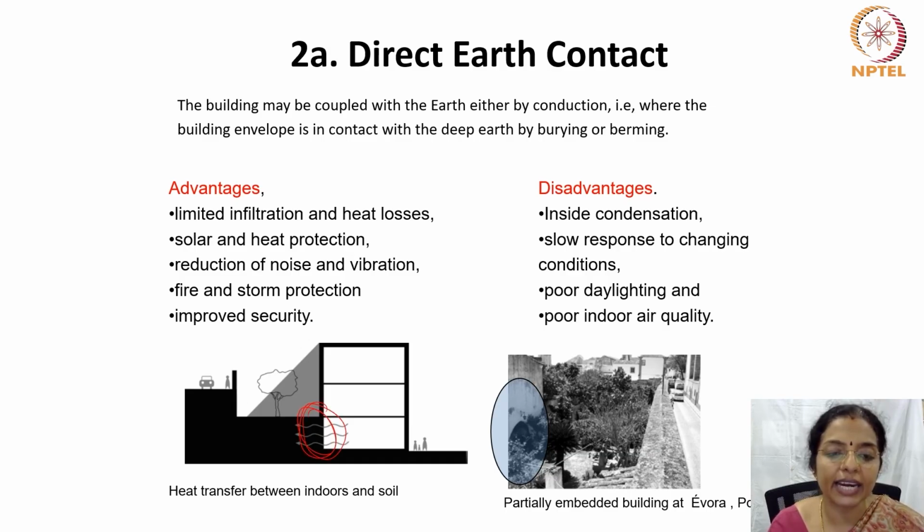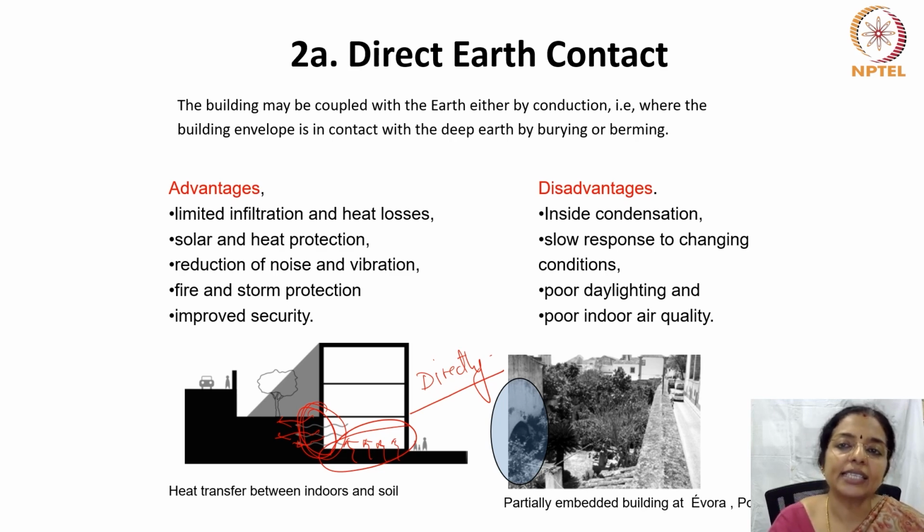There is direct contact of the building with earth, and the building gets its coolness or it sheds its warmth to the soil directly. There are no buried pipes or anything like that. Directly it sends the heat to the soil.